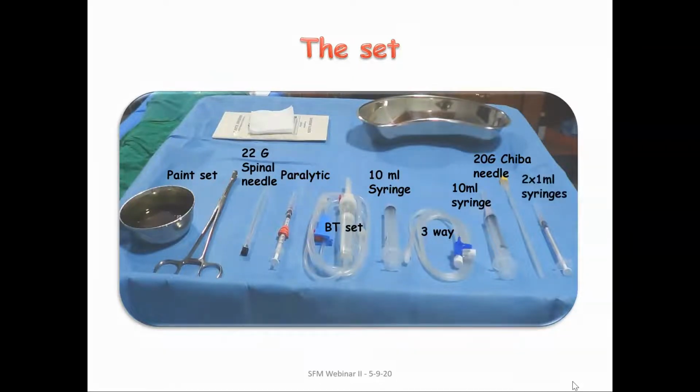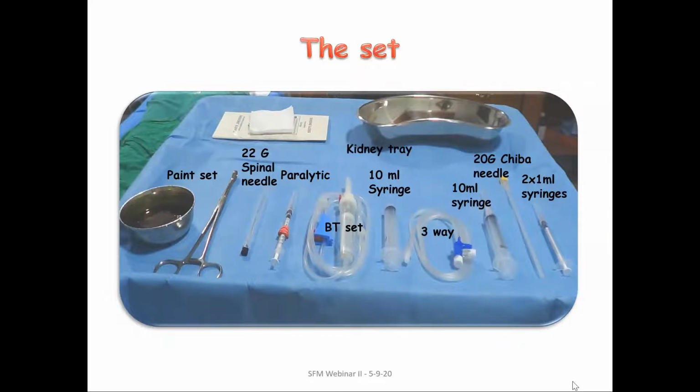You would also need additionally 2 1 milliliter syringes, one to do the initial fetal blood sampling to know the fetal hematocrit, and second, to actually flush the tubings and the needle if required, and to draw a fetal sample at the end of the procedure, and maybe in some cases to draw heparin to flush the tubing. So you may need 1 or 2 1 ml syringes additional to this.